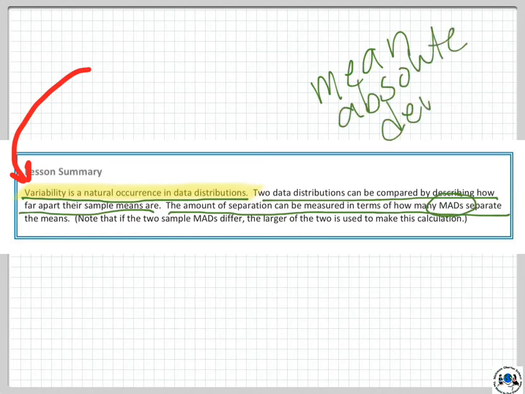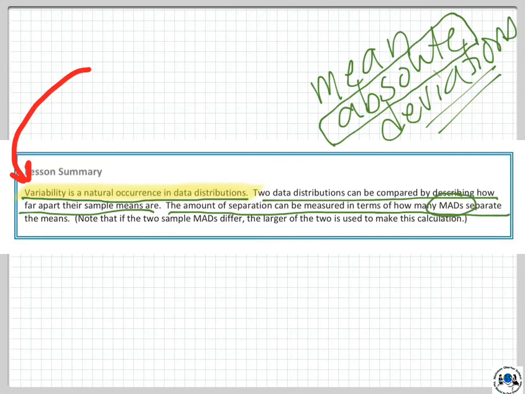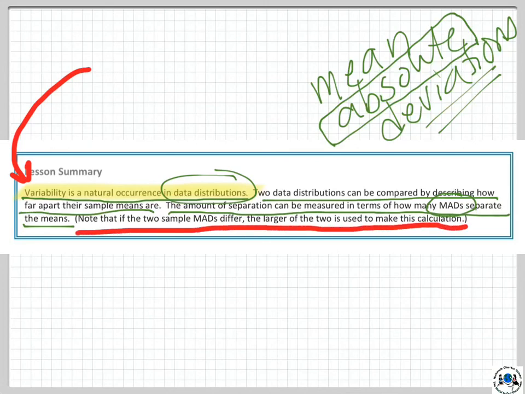And that idea of absolute just means that you disregard the negative or the positive, because it could be a negative or a positive number, and it's just that distance. Remember our absolute value idea. How many MADs separate the two means of two data distributions? Note that if the two sample MADs differ, the larger of the two is used to make this calculation, and that's what we did at the end there.